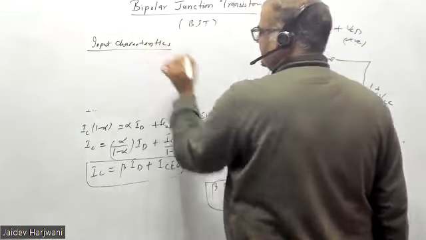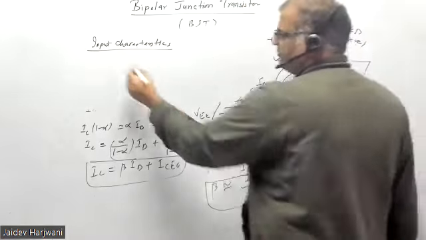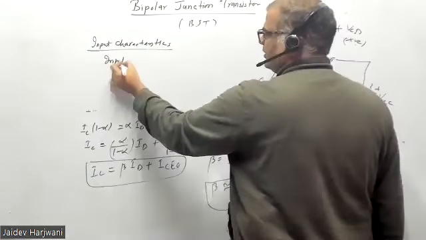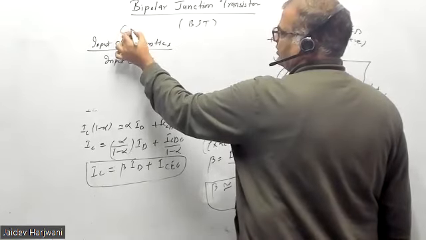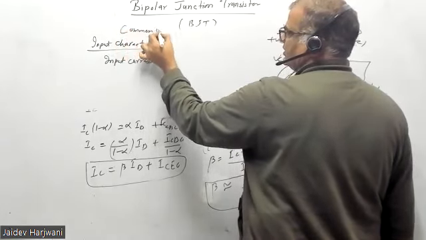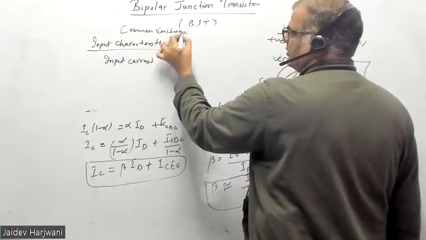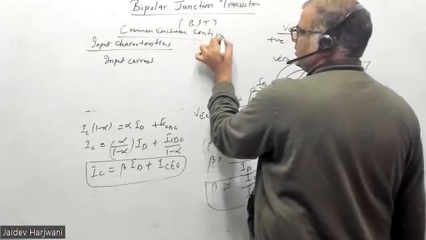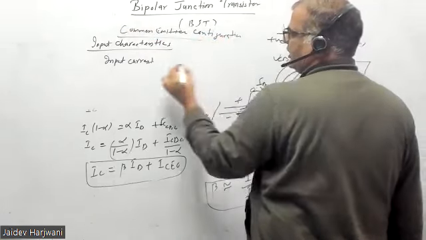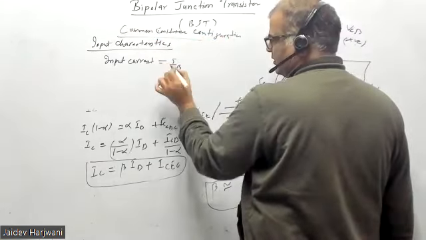Input characteristics means what is the input current here? I'm doing common emitter. Input current is IB.